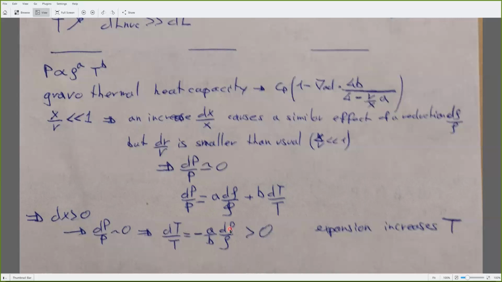So it expands, but the pressure from the side doesn't change, it stays the same. That causes, if you maintain everything and do not lose energy, an expansion to cause an increase of temperature.